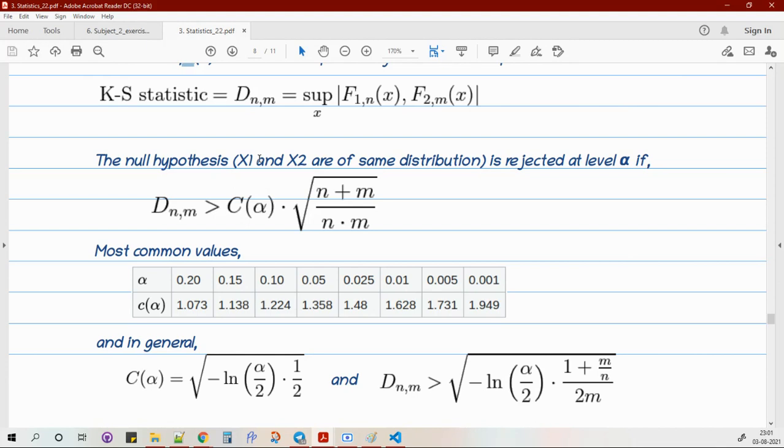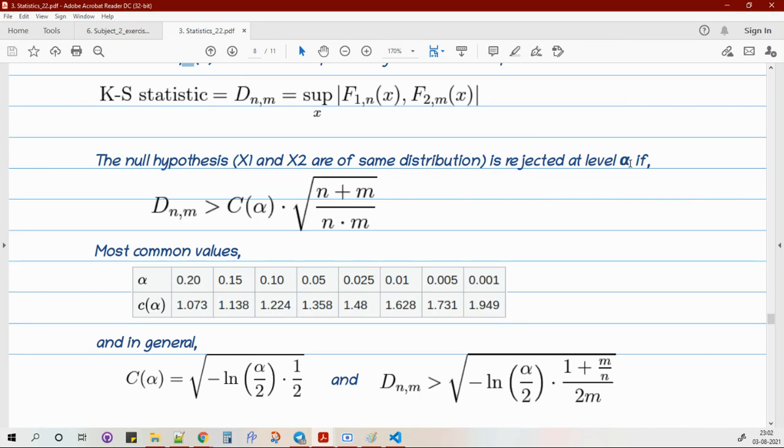The null hypothesis that we assume, that X1 and X2 have the same distribution, is rejected at level alpha. This significance level is mostly domain specific. In medical, alpha would be very low.